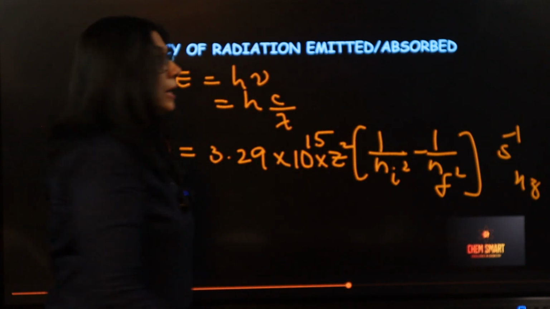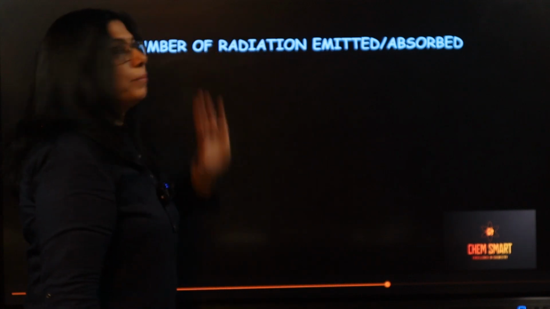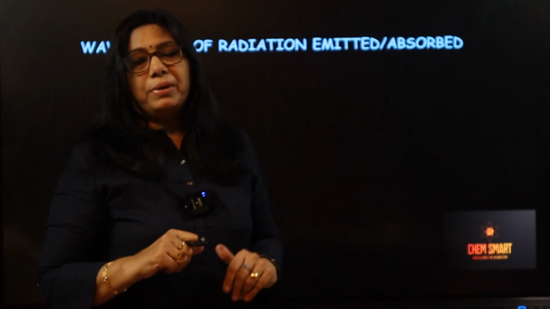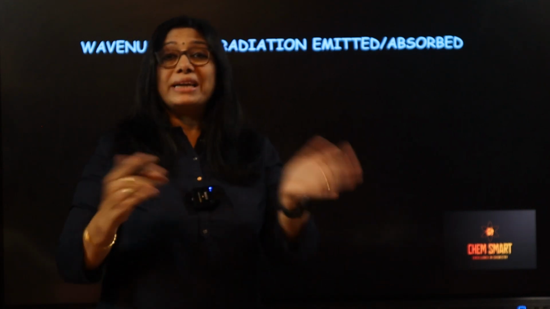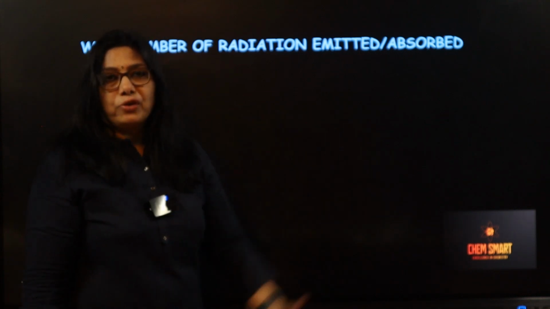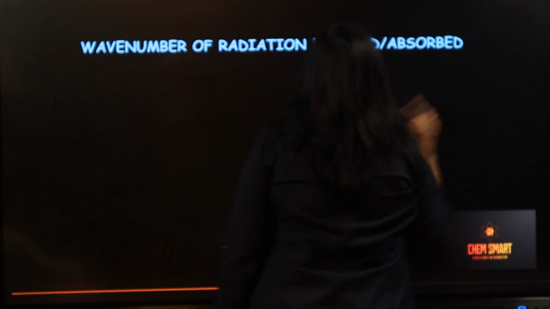That's it. And finally, what about the wave number? I have told you in the same session, nu bar is the wave number and nu bar is 1 by lambda or nu bar is nu by C. You already got nu. So nu by C, you can get the formula for nu bar. So let's see what is the formula.